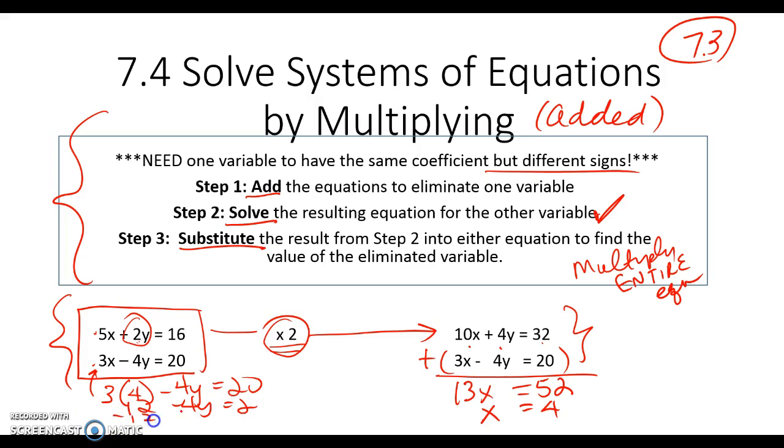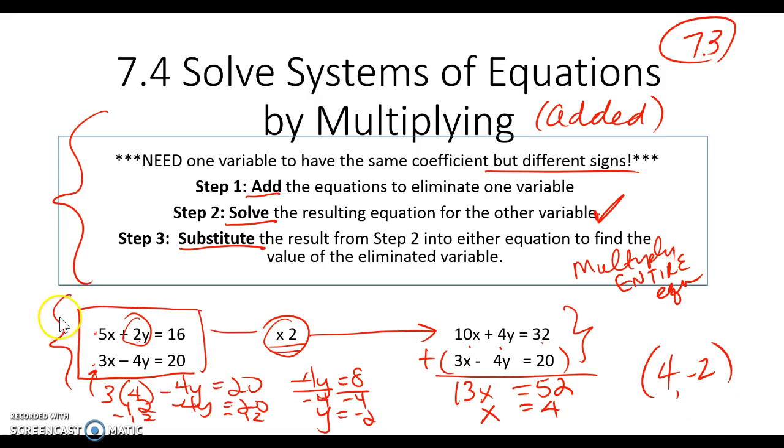So I'll subtract 12. Negative 4y equals 20 minus 12 is 8. Divide by negative 4. y equals negative 2. So my answer should be (4, negative 2).